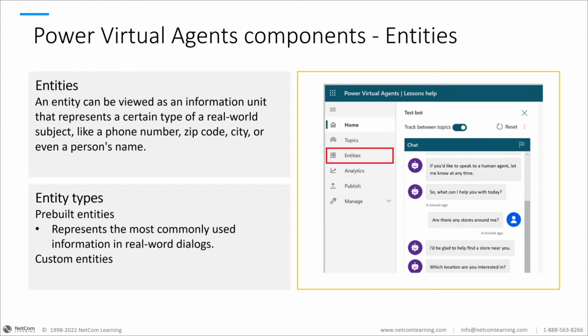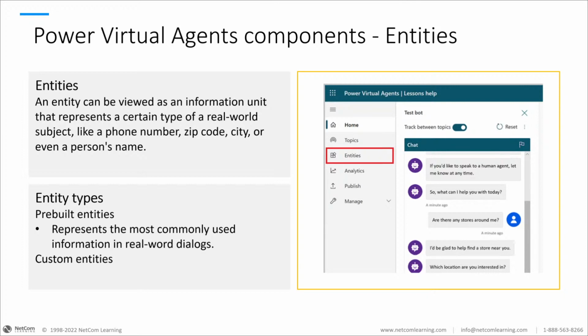Entities in the Power Virtual Agent components. Entities are viewed as information units, and these are certain types of real-world subjects, such as phone numbers, zip codes, cities. These are pieces of information that are stored in a database record, and so they can be used within the chatbots as well. And there are a number of entity types.